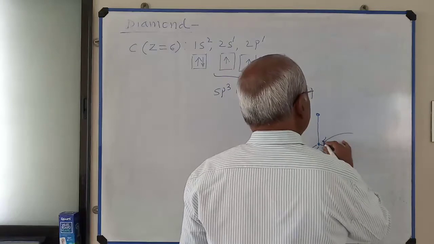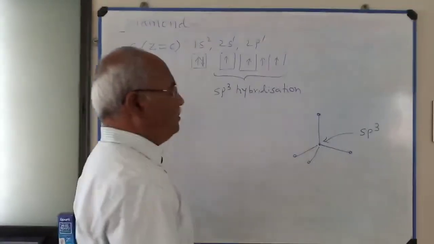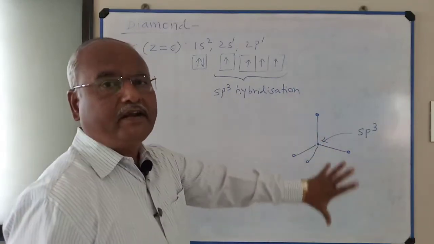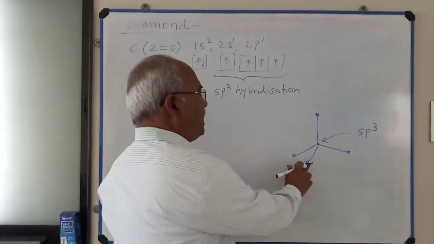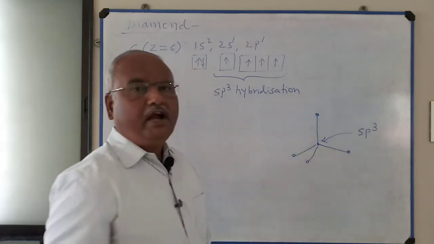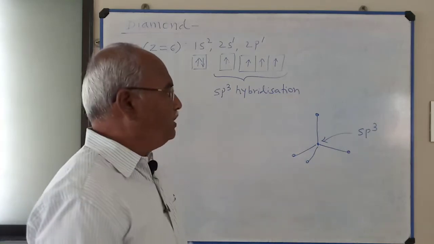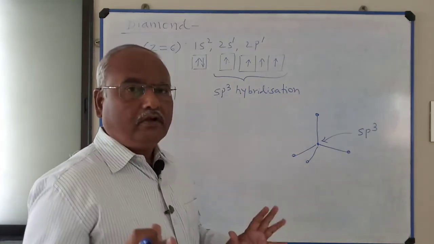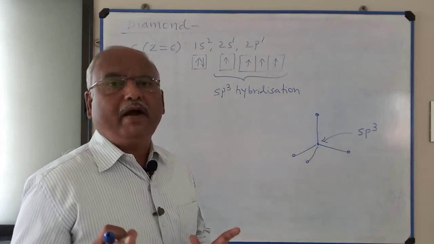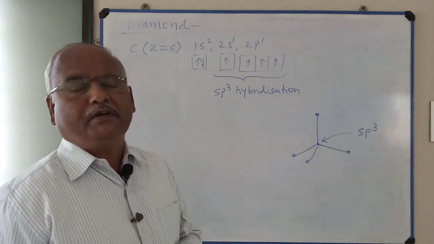Carbon undergoes sp3 hybridization, so this is tetrahedral. The 4 carbon atoms are present at the 4 corners of the tetrahedron. It is formed by sp3 hybridization of carbon.